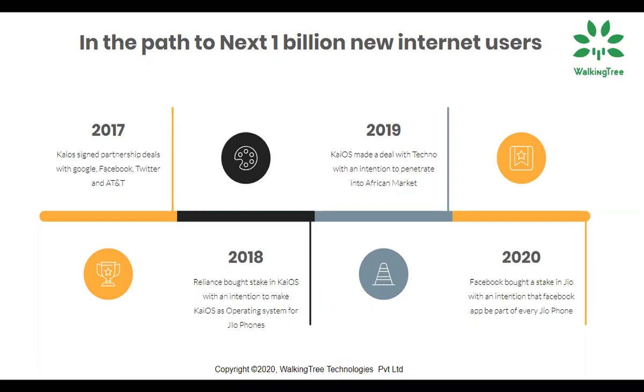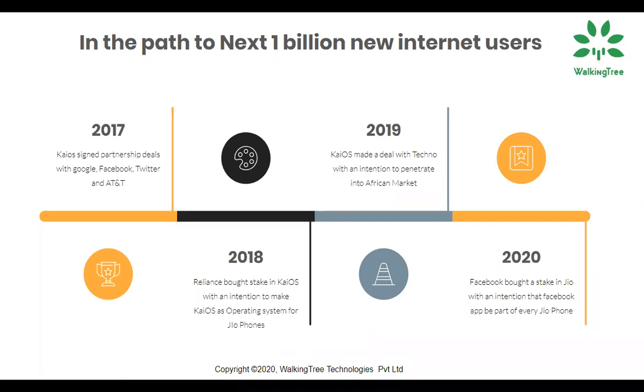Then interestingly, in 2020, Facebook bought a stake in Jio. That means every Jio phone that Reliance sells adds a new customer for Facebook as well. If you buy a Jio phone, Facebook automatically comes as a standard app that is already installed.